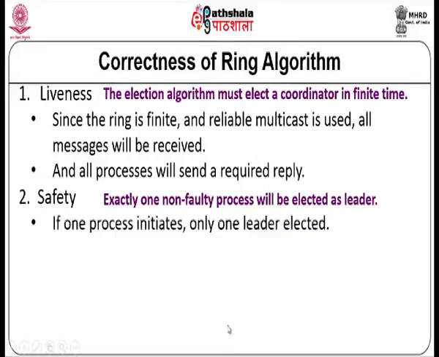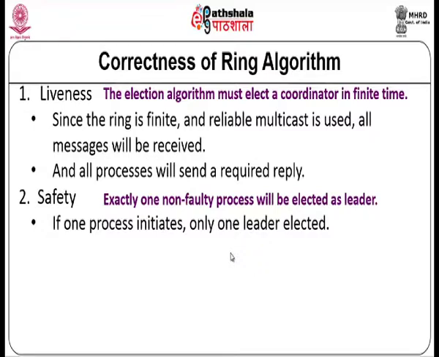Now, let us look at safety. What is the guarantee that only one process will be elected as a leader? Now, it depends on the criteria that we are setting. What is our criteria in the example that we have given?